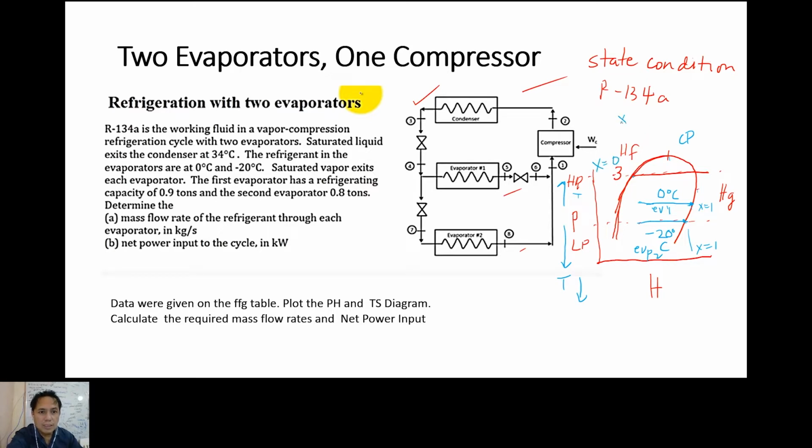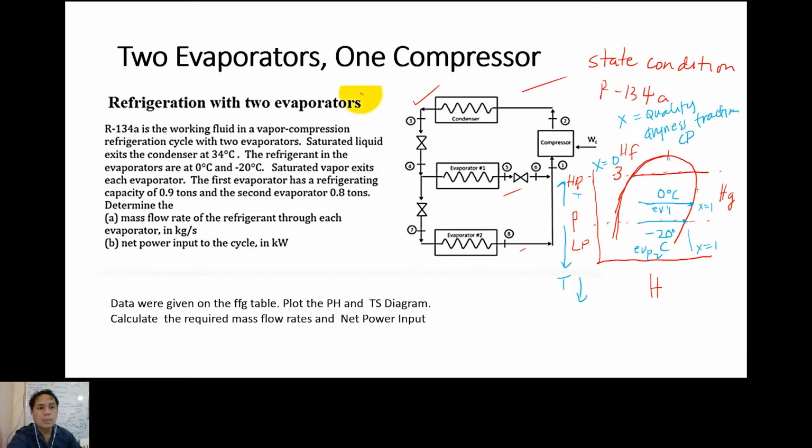Why? Because X is the quality of the refrigerant or steam. If you are in the power plant, that is steam. But we are not in the power plant. We are in refrigeration. So there's no water here, but rather refrigerant that becomes vapor. From liquid, it becomes vapor. The other name for quality is dryness fraction.